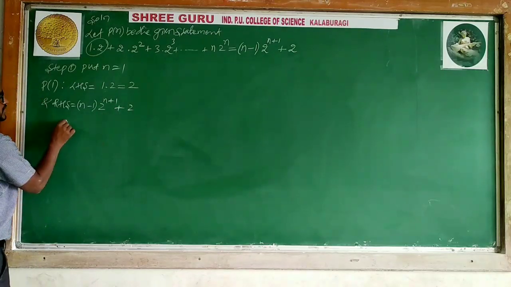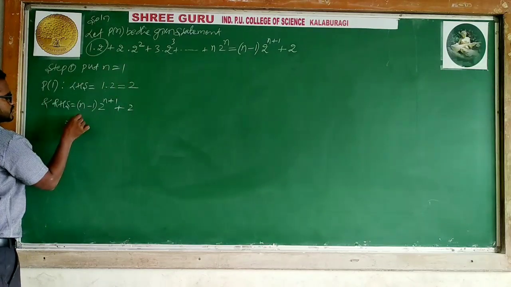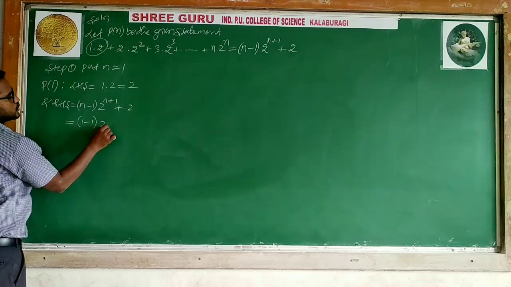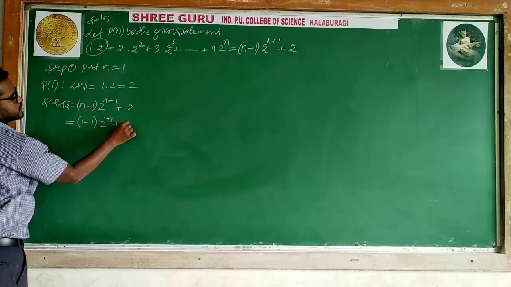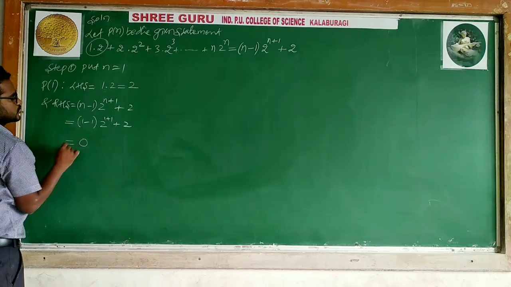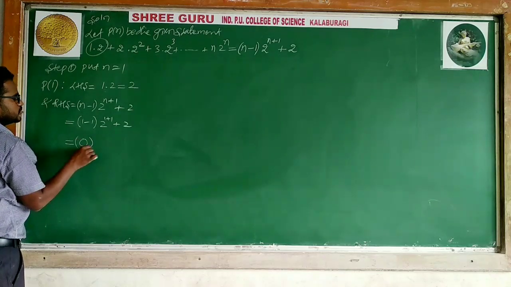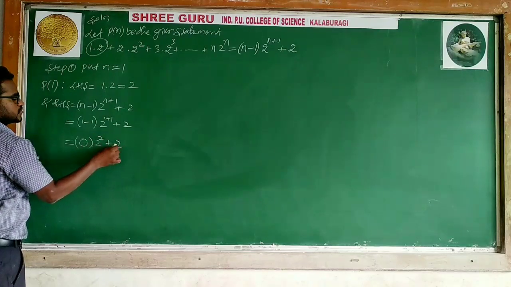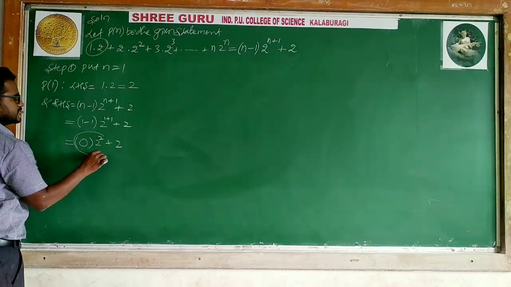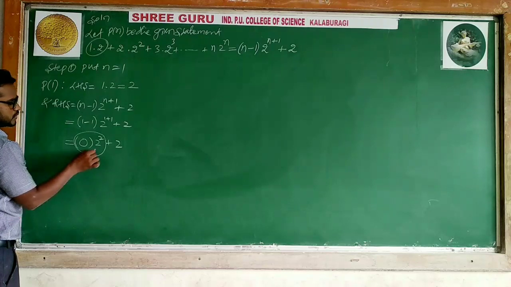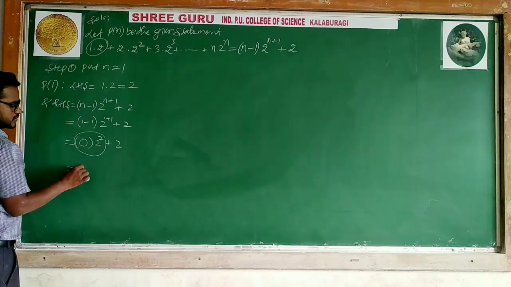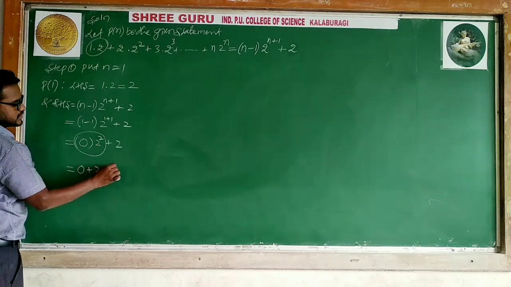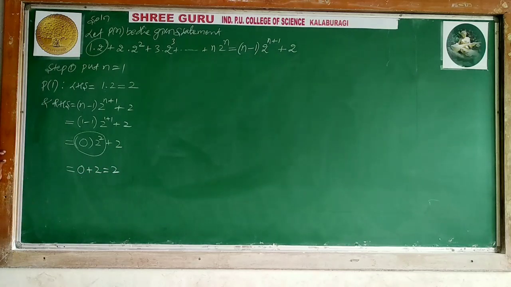What is n? n is 1. So 1 minus 1, times 2 to the power 1 plus 1, plus 2. 1 minus 1 is 0, so 0 into 2 to the power 2, plus 2. 0 into anything is 0, and 0 plus 2 is 2.